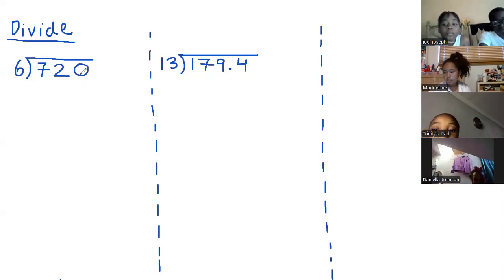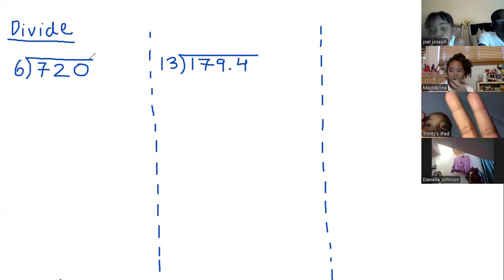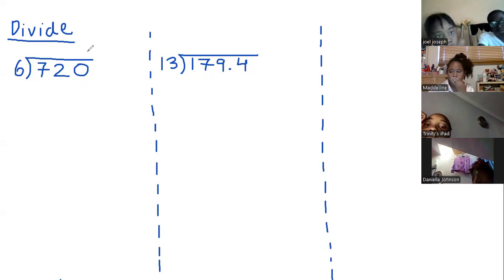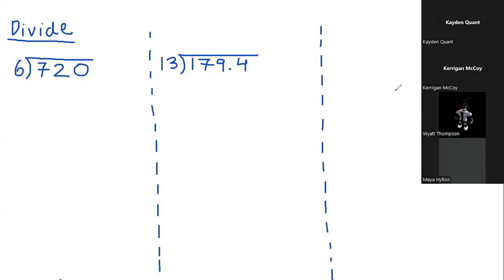When you bring down the 0, you have to do 6 into 0. I brought down the 0 though. You brought down the 0, but you didn't account for it. So you have to say, how many times does 6 go into 0? And you have to put another 0. You understand me, Trinity? So make that correction. Daniela, did you do this yet? I'm doing it now.